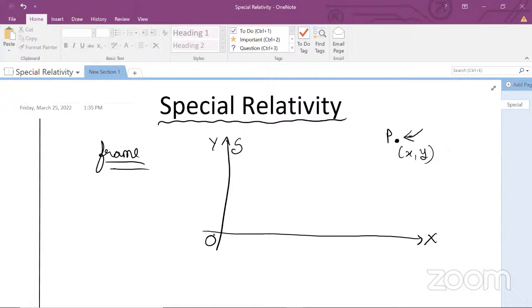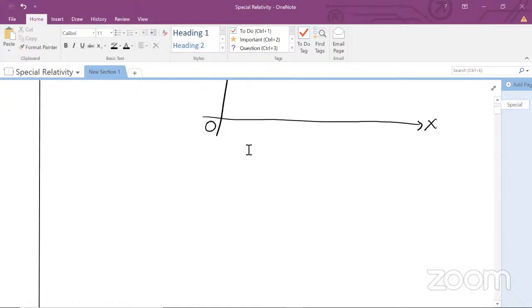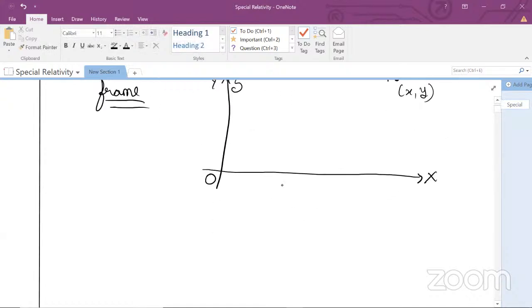He can measure the location of this point. He can measure at what time the point is present. He can find the distance between two points. The observer measures all this using a coordinate system. So this is basically a coordinate system.